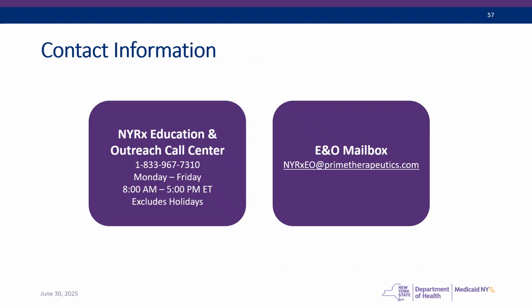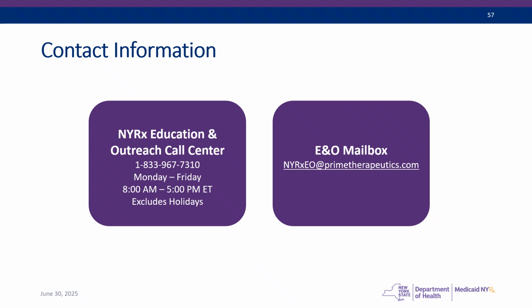The NYRx Education and Outreach Call Center is available to assist by phone or email. For support, call 1-833-967-7310, Monday to Friday excluding holidays from 8 a.m. to 5 p.m. Eastern Time, or by email at nyrxeo@primetherapeutics.com.